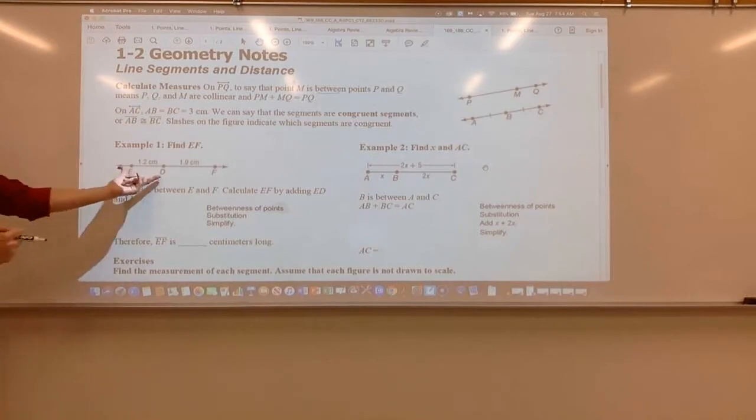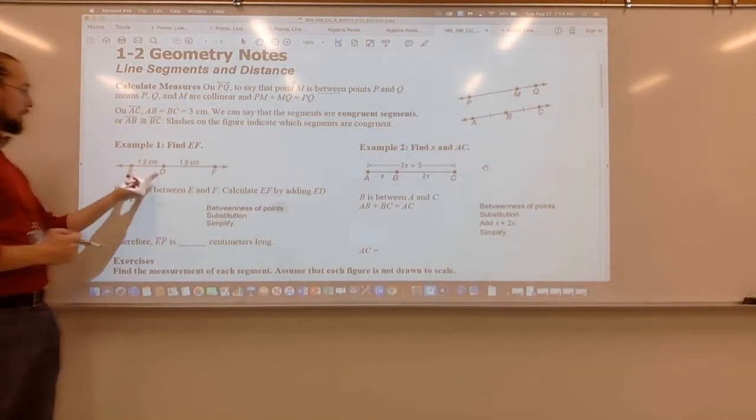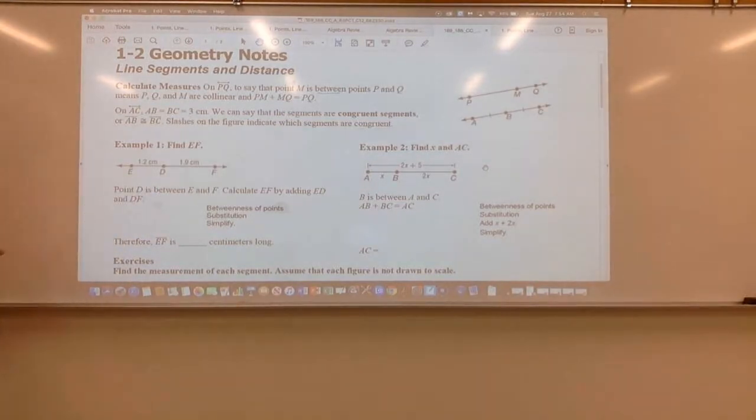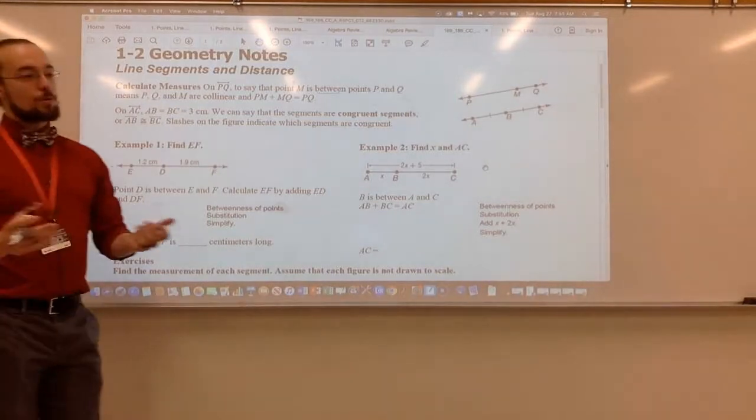So, in this first example, we've got D is between E and F. We're given the length of ED is 1.2. The length of DF is 1.9. What's the length of EF? 3.1.